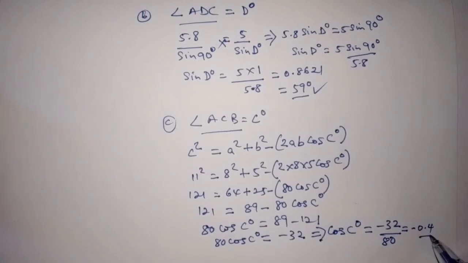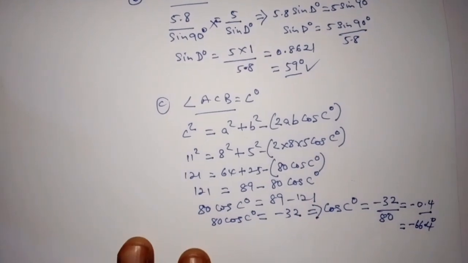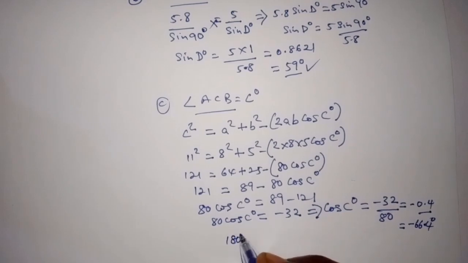Negative 0.4, and the inverse cosine of negative 0.4 is giving us negative 66.4 degrees. And we know that we can find it by saying that this is 180 degrees minus 66.4 degrees.